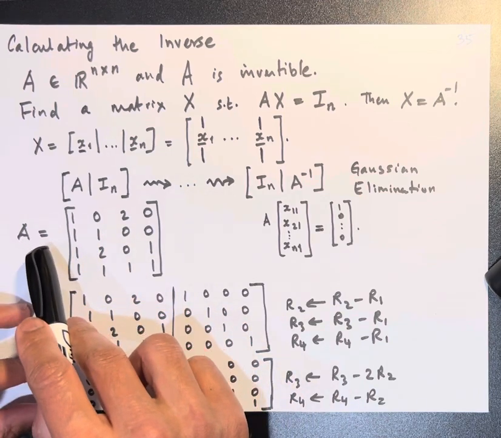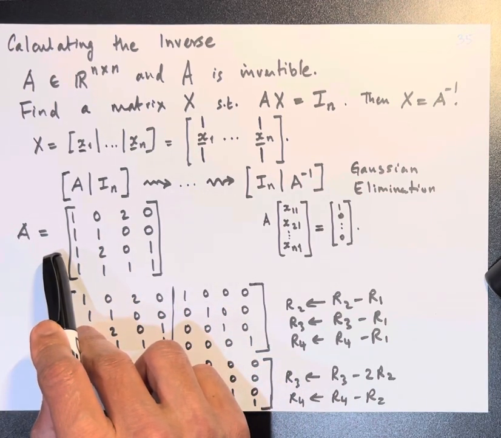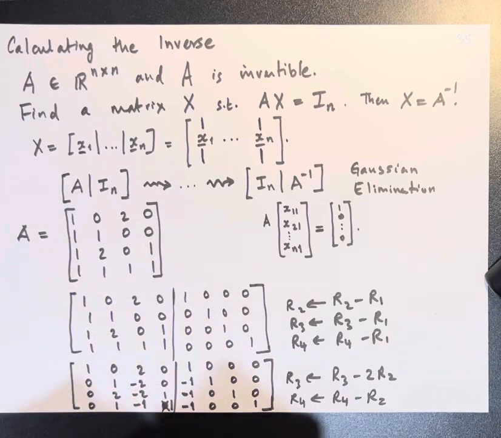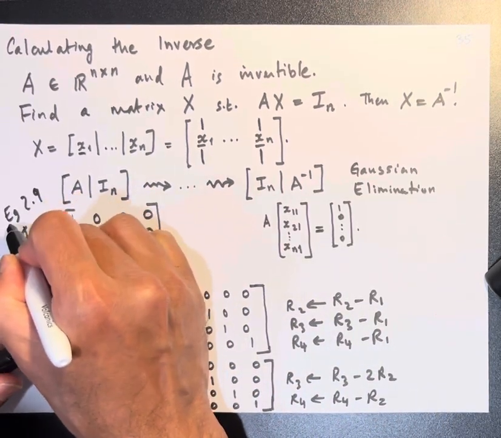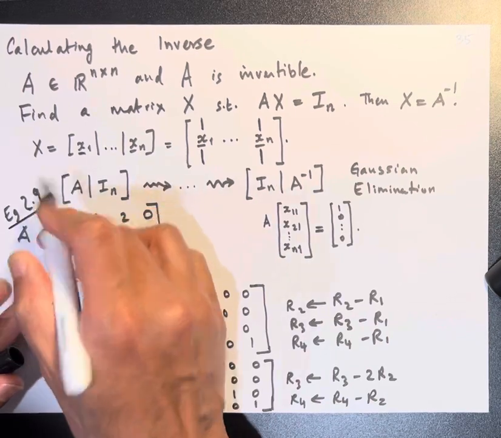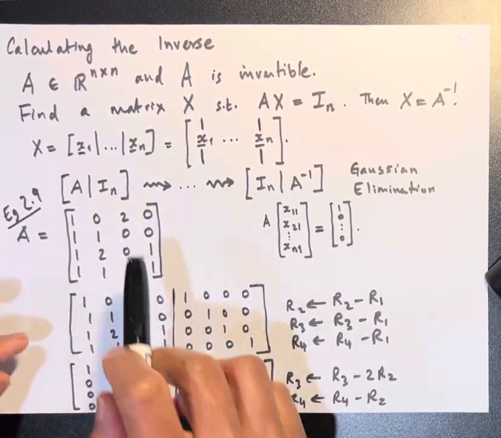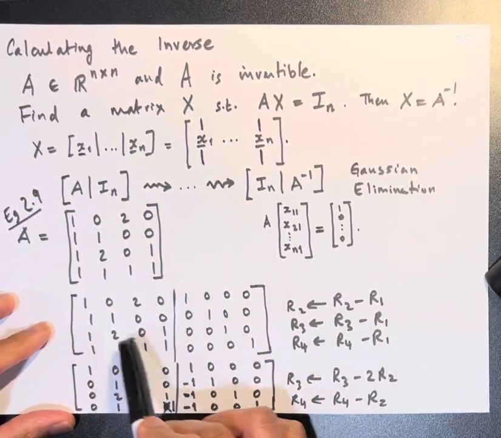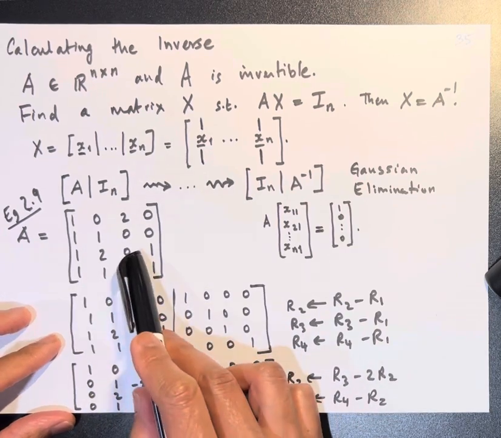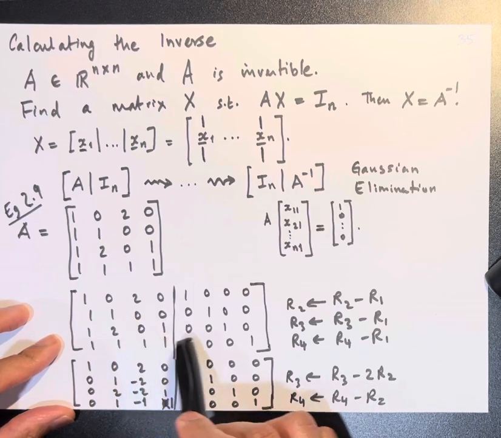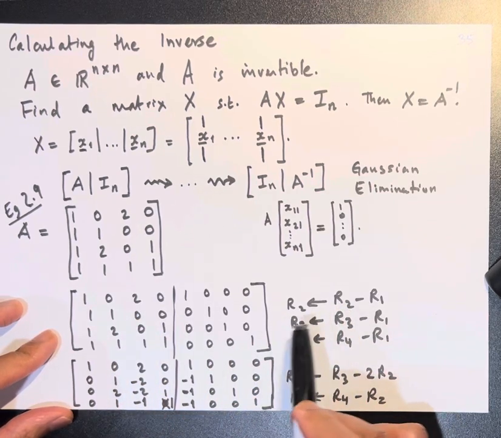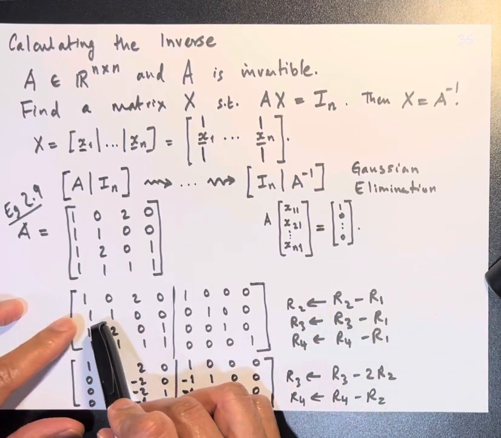So this is the example that is there in the book, example 2.9. So they have this A matrix. We take this A matrix, which is a square matrix, and then we put the 4 by 4 identity matrix here, and then we start doing our elementary transformations step by step, right?